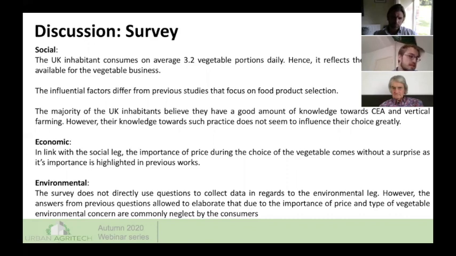However, we do see that there's a difference of influential factors in vegetable choice. For example, choice, price, and season were the 3 most common ones, while a previous study does indicate that elements such as local and origin of the product are commonly also found.